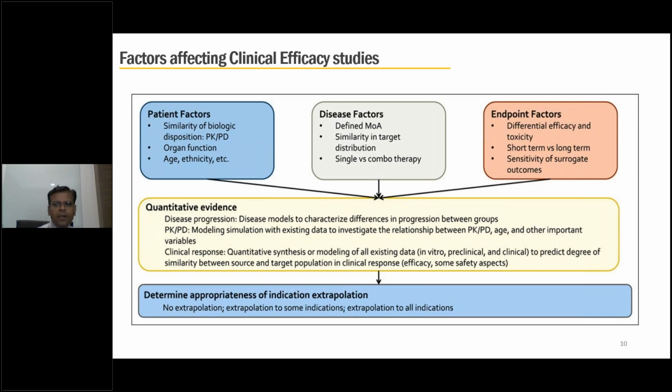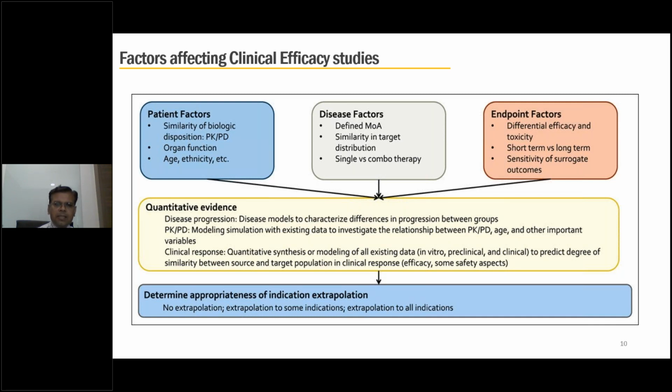On the disease front, different biosimilars behave with a different mechanism of action. Their targets are different. You could also combine therapies, so there's a single therapy or a combination therapy, a biosimilar cocktail sort of. And certain endpoint factors would also differ, what you'd like to see as short term, as long term.